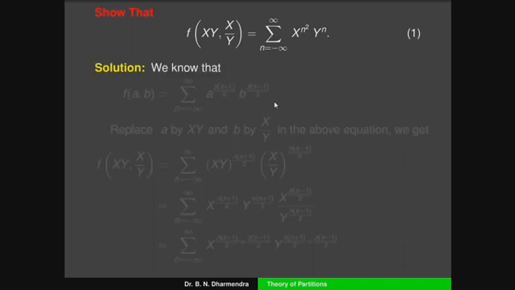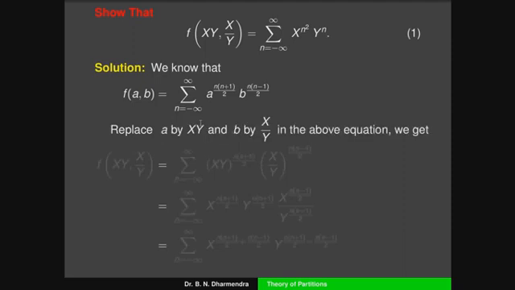We know the theta function definition, that is f(a, b) is equal to the summation n from minus infinity to plus infinity of a to the power n(n+1)/2 into b to the power n(n-1)/2. Comparing the left-hand sides of these two terms, we can replace a by xy and b by x/y.